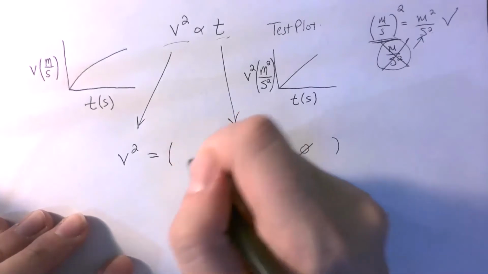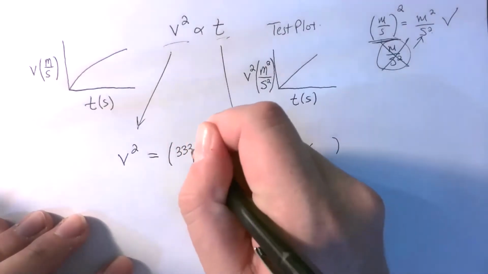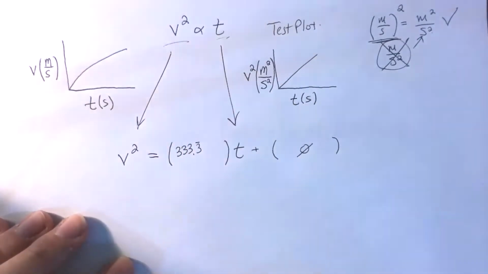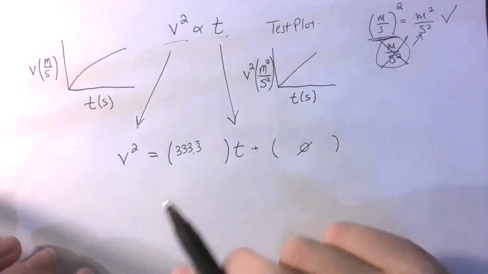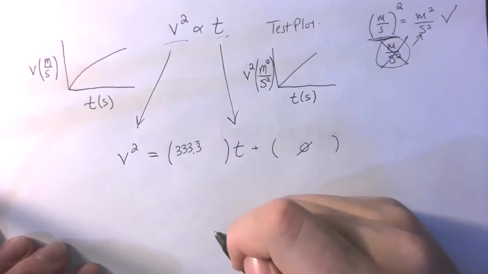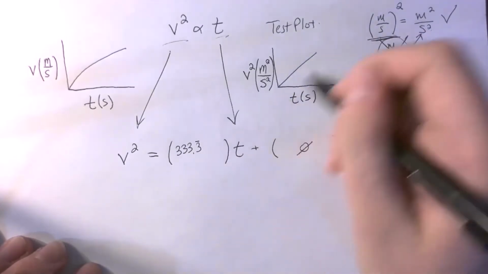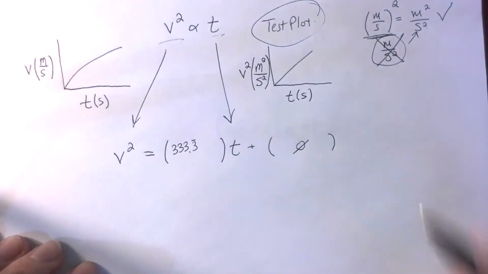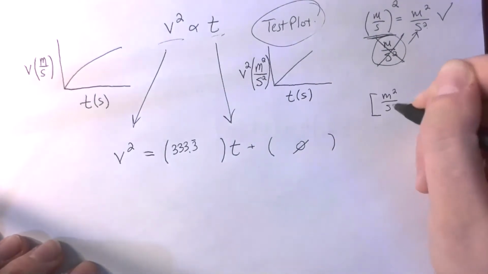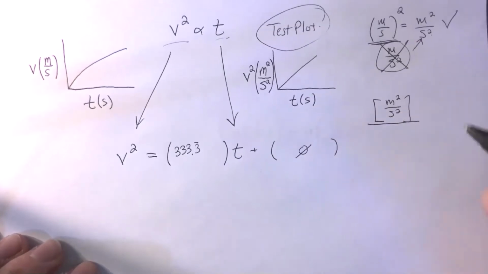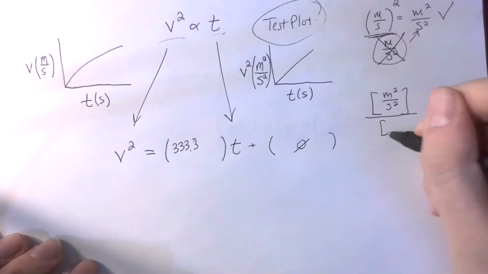And what we have for our slope is 333.3 repeating. And we would now want to ask what the units are for the slope. Well, it's going to come from the plot, and it's going to be rise over run. What's on the rise is meters squared over seconds squared. And then we divide by what's on the run, which is seconds.